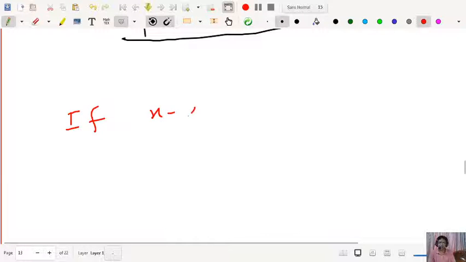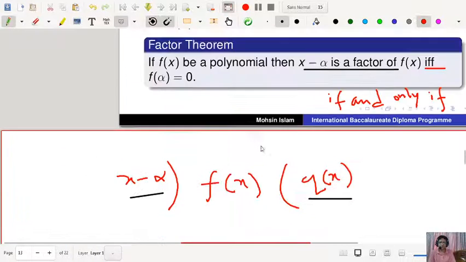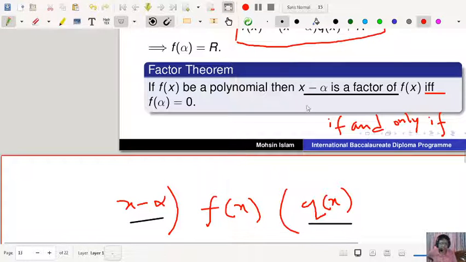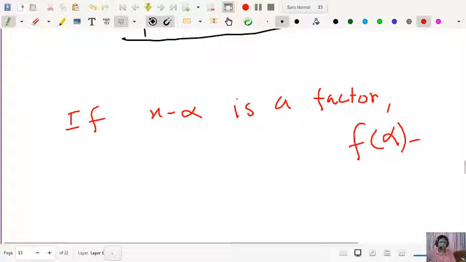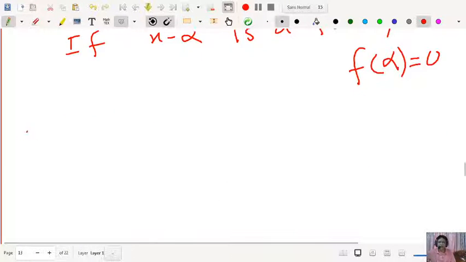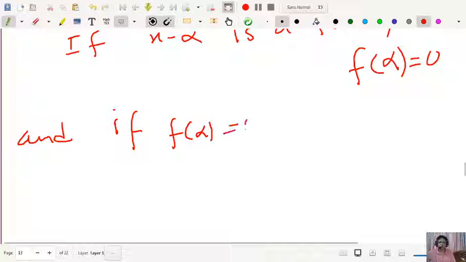That is, if x minus alpha is a factor, then f(alpha) equals 0, and conversely, if f(alpha) equals 0, then x minus alpha is a factor.